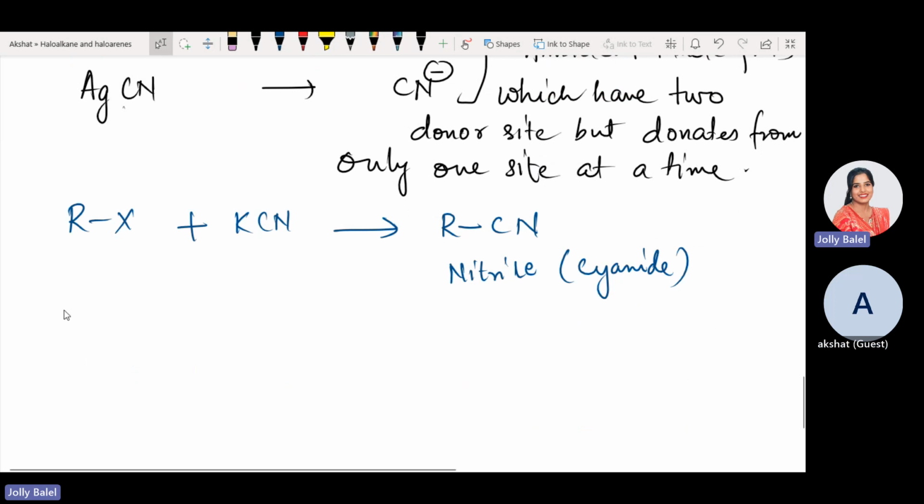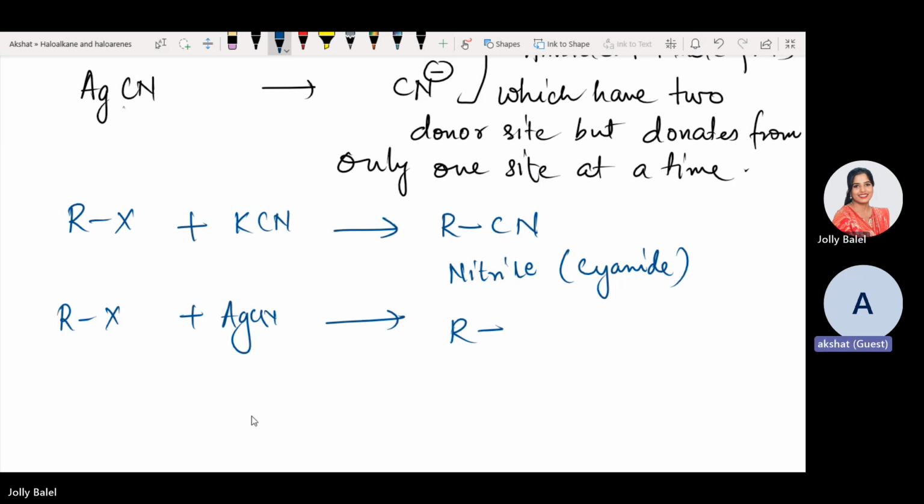On the other hand, if you are taking AgCN, can you name the product? Who will be the donating site? Nitrogen. So it will be R-NC, not RCN. This is known as isonitrile.